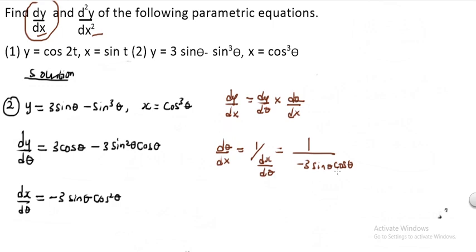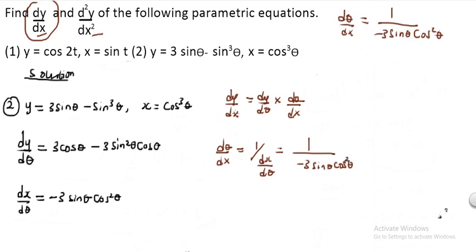Remember, we often use this when we are dealing with the second derivative. So I'm going to write it out here again. This is dθ/dx equal to 1 over minus 3 sin θ cos² θ. So this is cos² θ here, and this is cos² θ here.